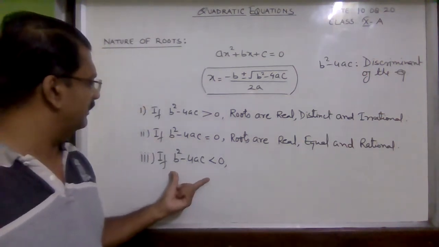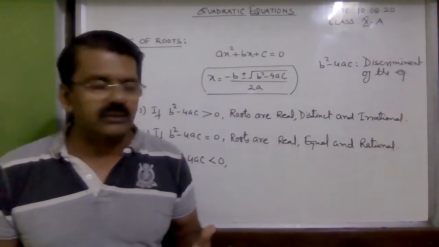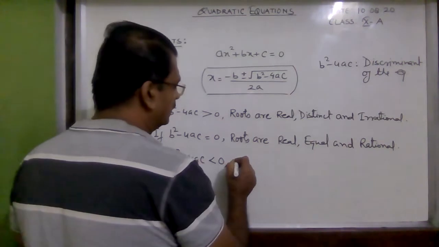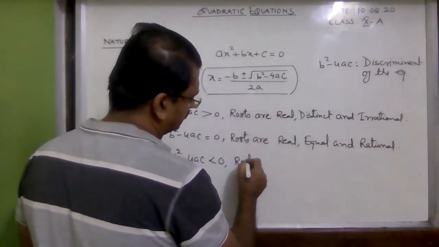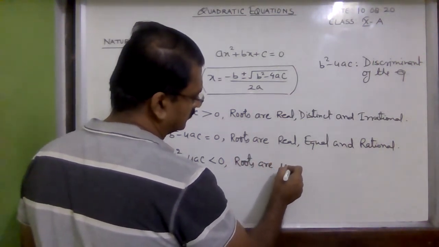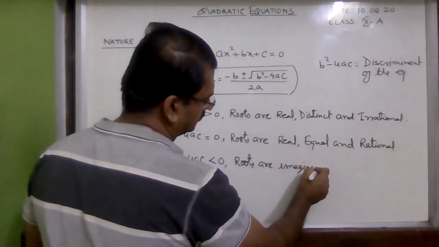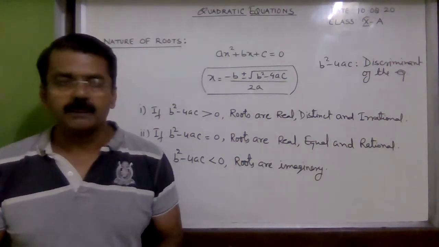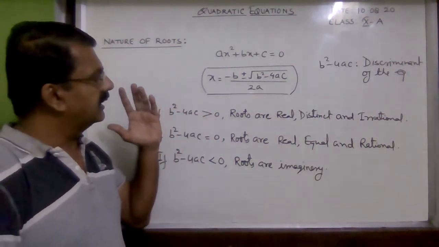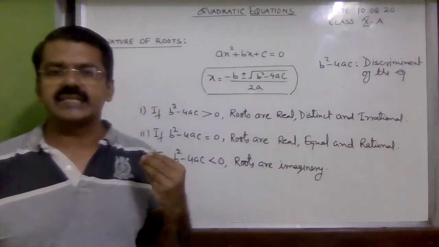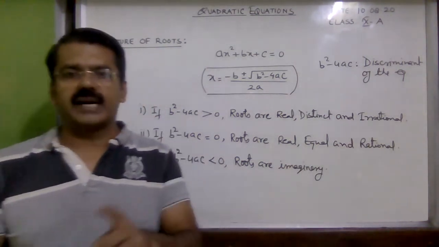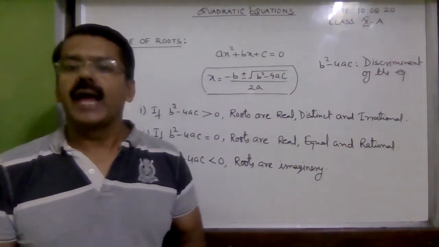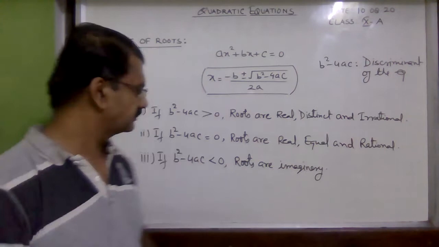So that is why when b square minus 4ac is less than 0, you simply write roots are imaginary. Clear? When the discriminant is negative, that means inside the square root we will get a negative number, so the roots are imaginary. Clear?